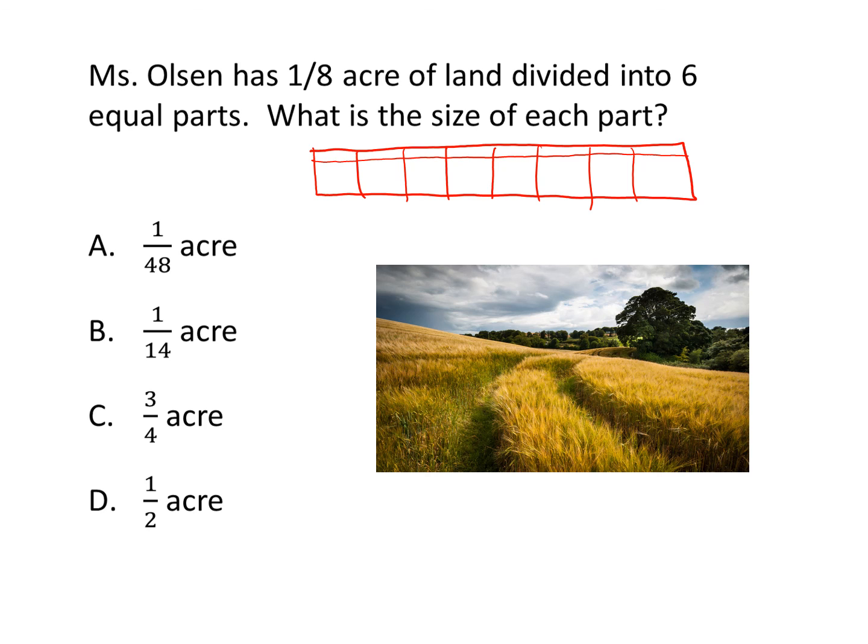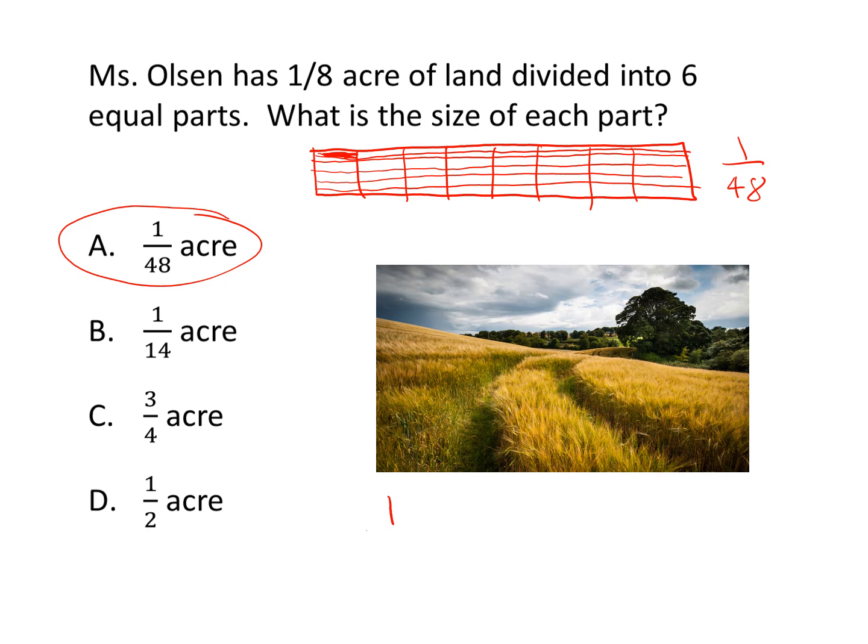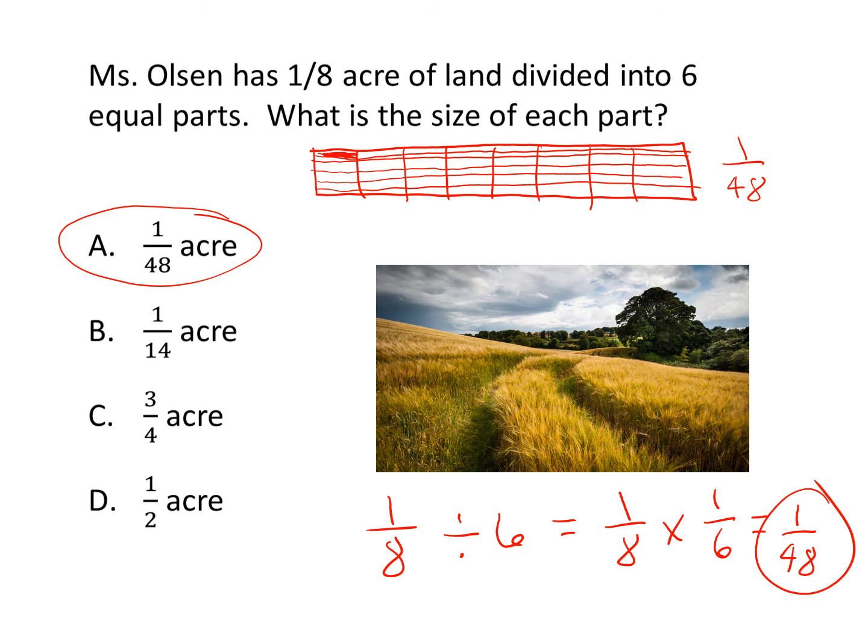I've got to cut all these into 6 pieces. Not very easy. So one of them is 1 out of 48. So the answer is 1/48. Let's do the math. 1/8 divided by 6 equals 1/8 times 1/6 equals 1/48.